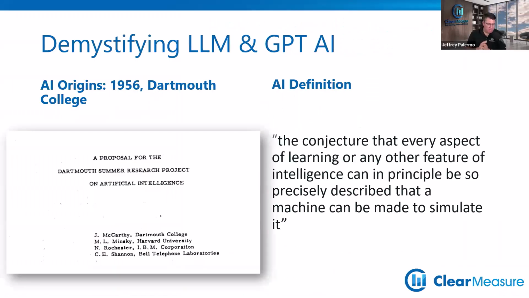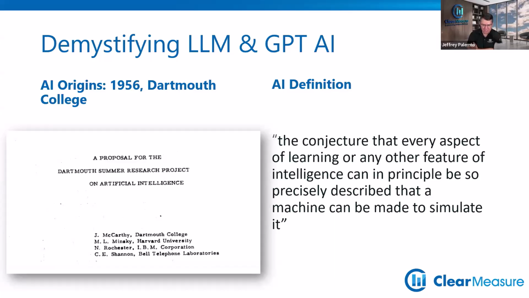Okay, so let's just set the stage. We want to make sure we understand the AI technology that we're working with, and it's important to remember history. Back in 1956, John McCarthy and a few other researchers did a summer program, but John McCarthy, it was his brainchild at Dartmouth University to do a summer program, and he needed some funding.